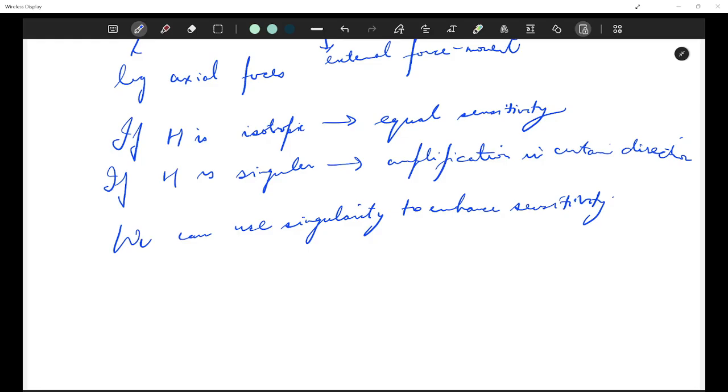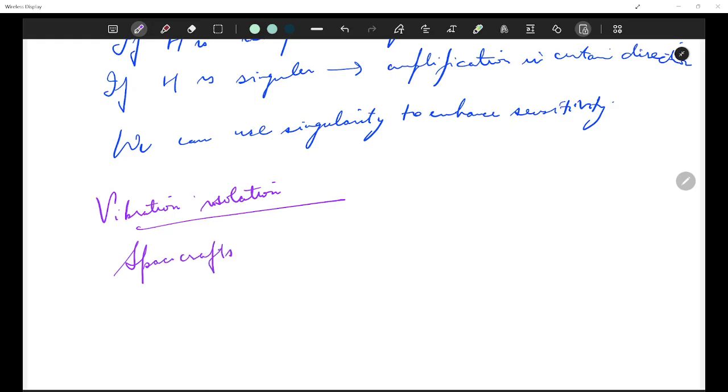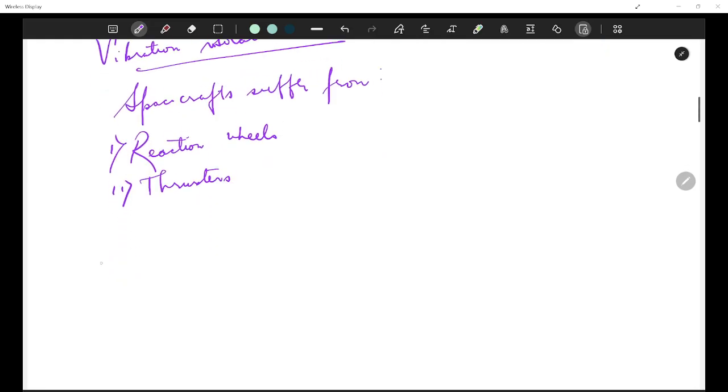Okay. So spacecraft suffer from reaction wheels, thrusters, pump vibrations, and deployment shocks.